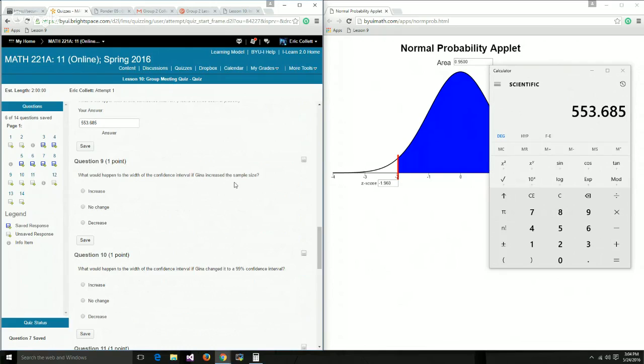Wait, I thought the confidence interval was just what she already decides on. So how far the data extends? It's asking what's going to happen to the width of the confidence interval if she increased her sample size.